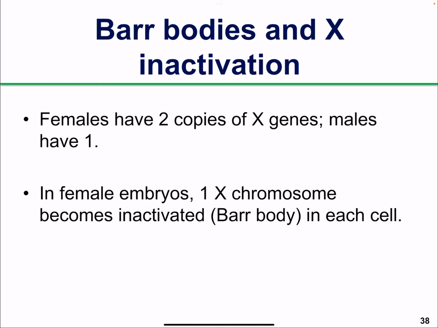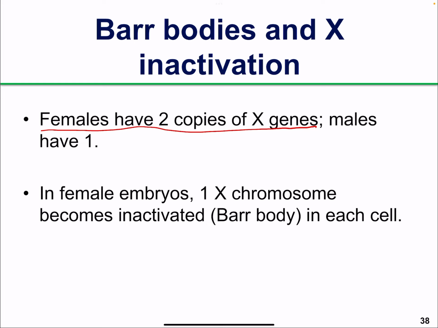For that duplication of the genetic information to not have a consequence in a female, one of the X's is going to go silent at some point, right? So in a female with two copies of X, one of the X's is going to go silent during the embryonic development stage. That X that undergoes silencing, we don't know exactly which of the X's is going to be silent.